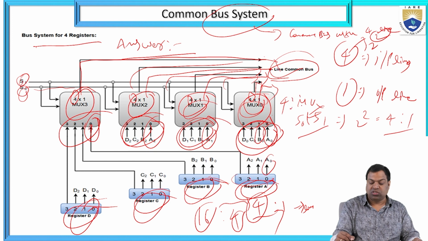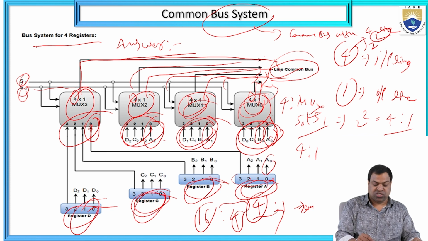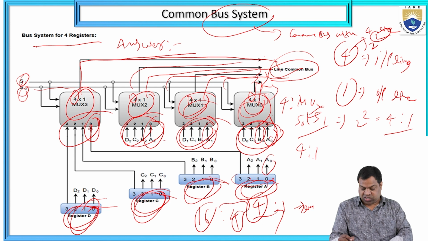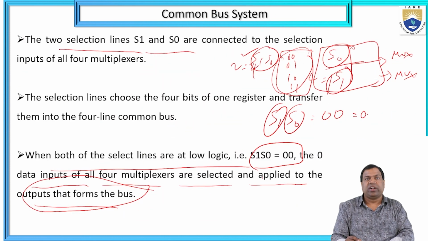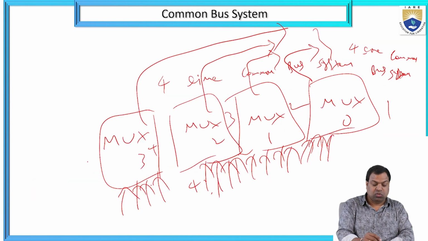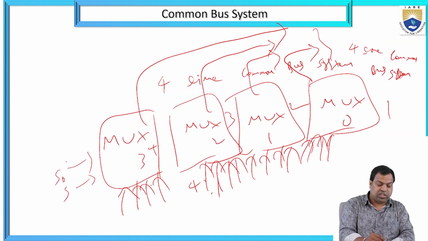The registers are A0, A1, A2, A3, that is register A; B0 to B3, register B; C0 to C3, register C; and D0 to D3, register D. Every register has 4 bits connected to the multiplexers, and every multiplexer has one output. Totally 4 into 1 makes a 4-line common bus. And there are 2 selection lines, S0 and S1.